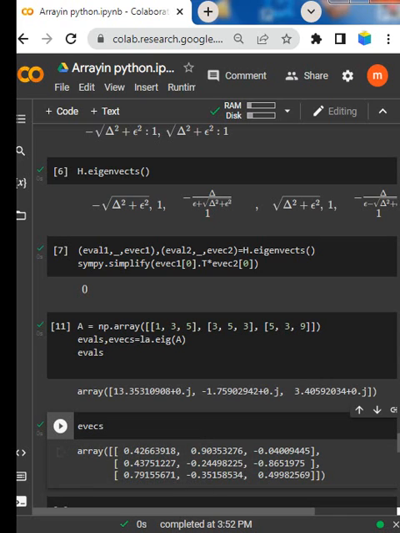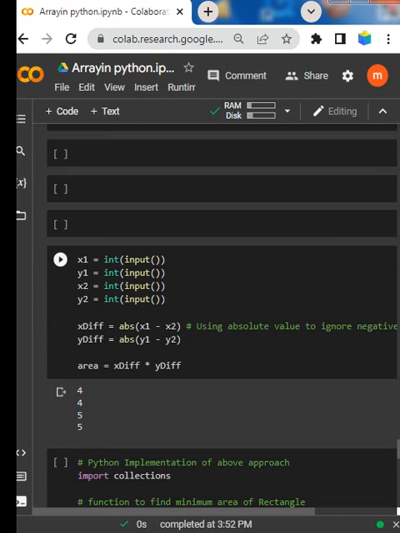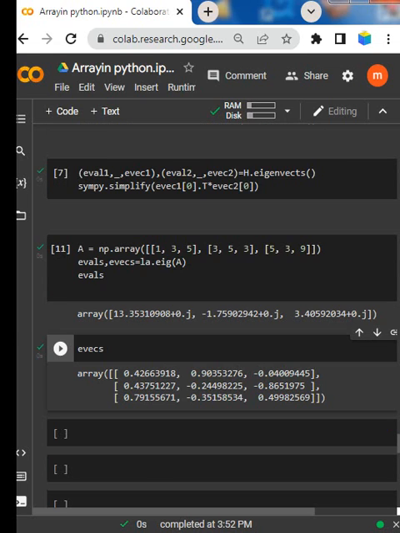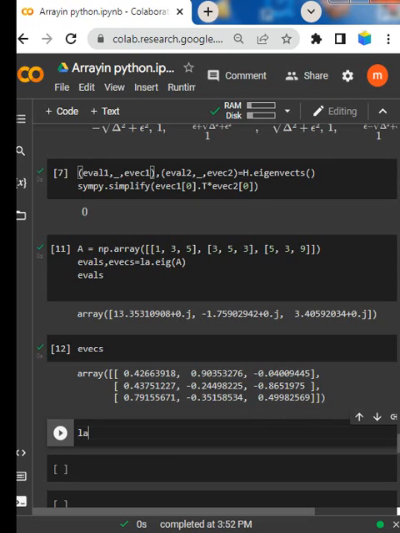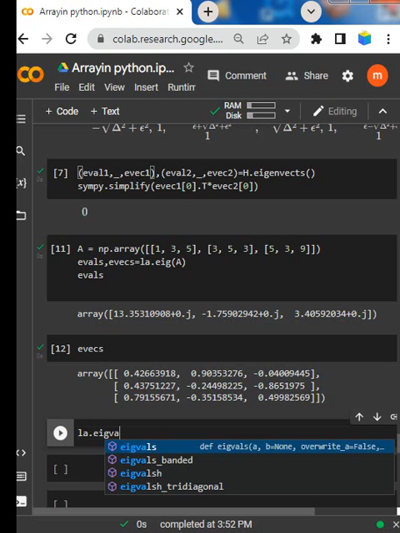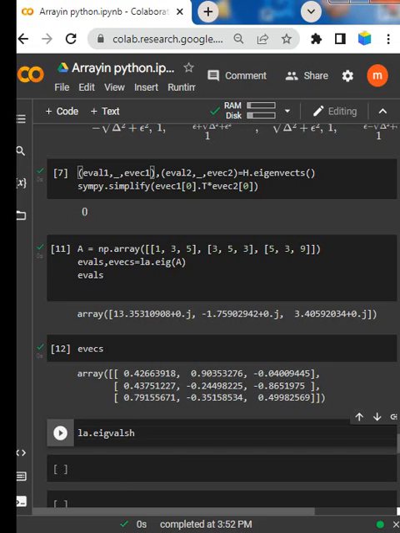Now I am going to write LA dot eigh, parenthesis, capital A.